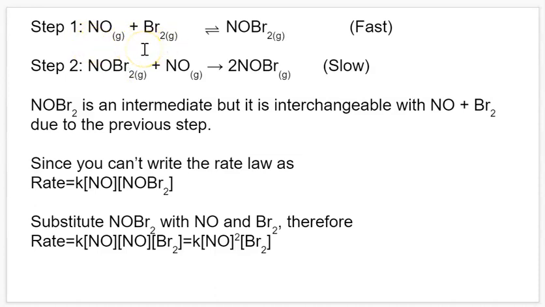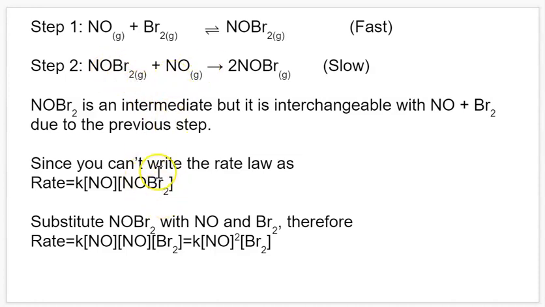happening. So therefore, we can take this intermediate, and when we're making the rate law, we can substitute it out for the reactants that collided to make it. So for example, we would have normally written the rate law as rate equals k times [NO] times [NOBr2], both to the first order, because that would be based off of the stoichiometry of the rate determining step.